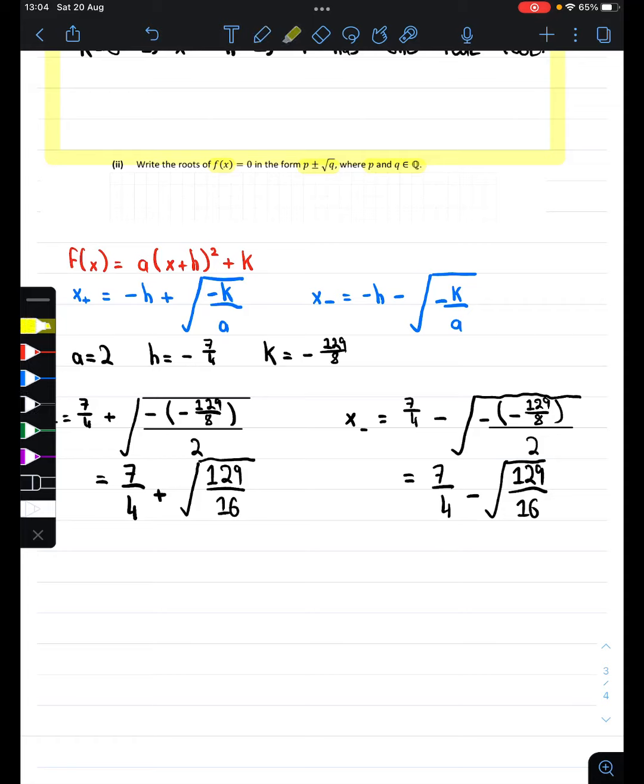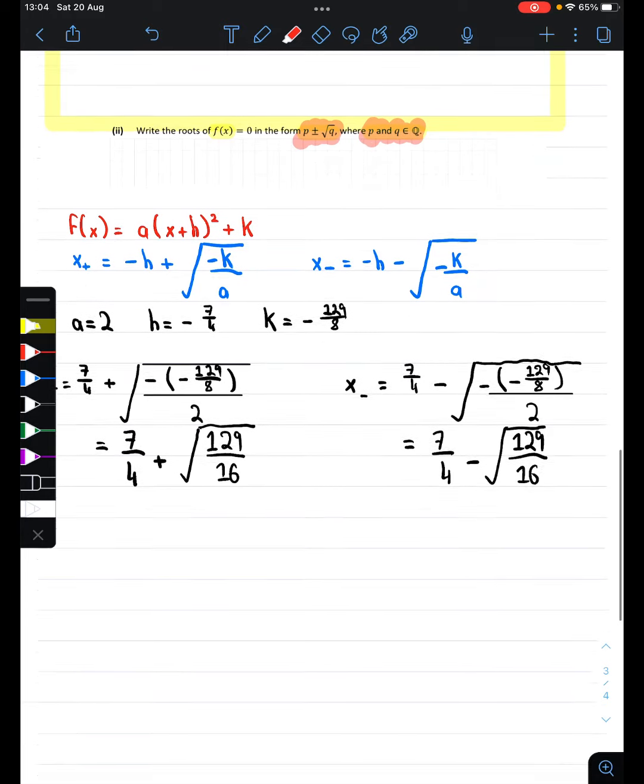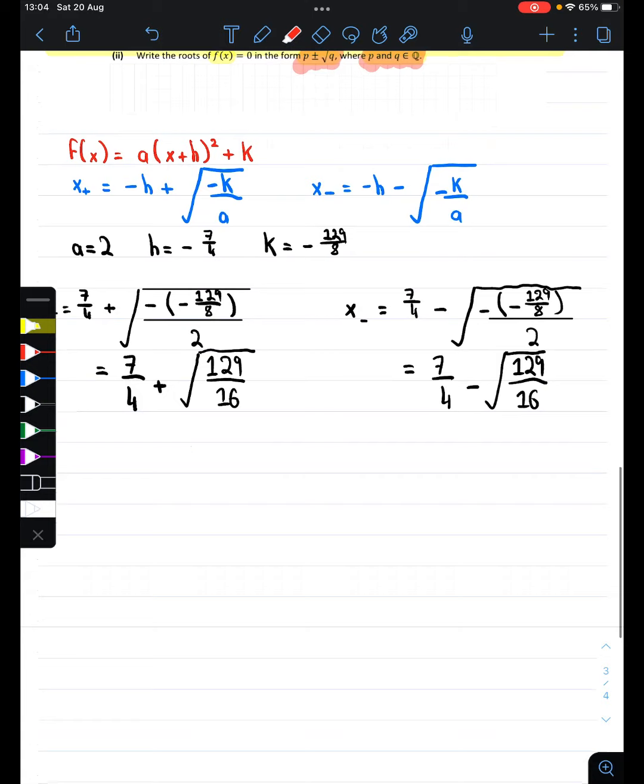Because remember, they asked us to answer in the form p plus or minus the square root of q, where p and q are rational numbers. So we can just write x equals 7 over 4 plus or minus the square root of 129 over 16. And these are the roots of f.